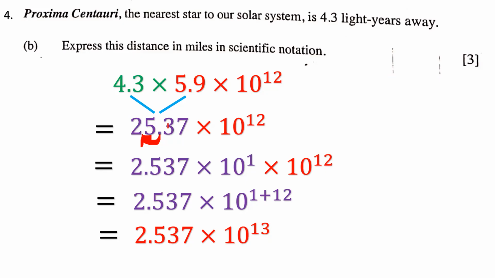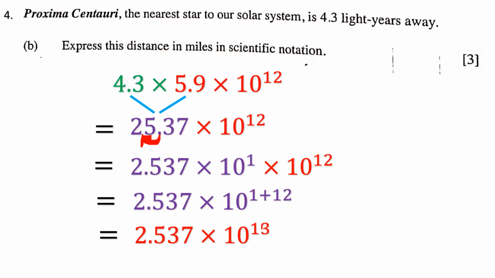That's why this was too big, so we had to make it smaller. 2.537 is good because it's greater than or equal to 1 and less than 10. It's in a good category because it's not bigger than 10, and it's not less than 1. Obviously we have the base, which is 10, which we need for scientific notation, and we have an integer, which is our power.